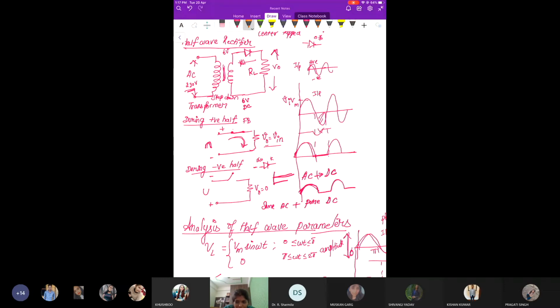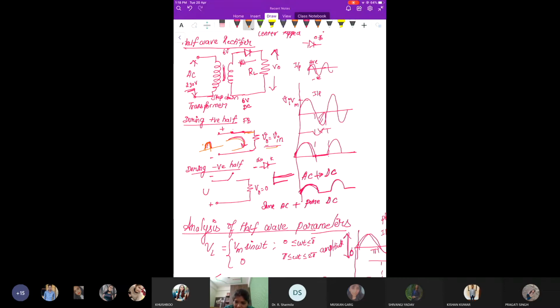Here I am using a step down transformer, which will reduce 230 volt to 6 volt. If I apply the positive half cycle, positive is connected to the anode, so positive is connected to positive and the diode will act as forward biased. Diode forward biased means closed switch, so your output is equal to input. If you apply KVL, you can get it.